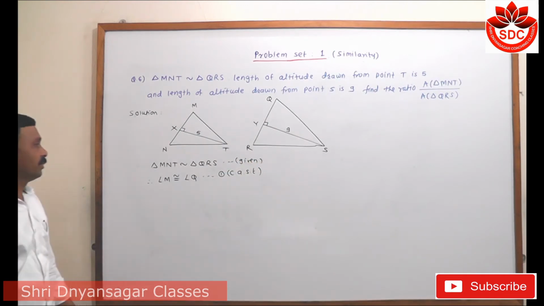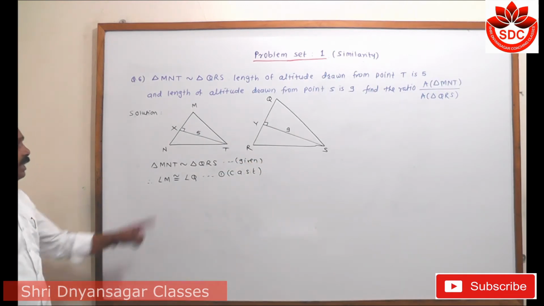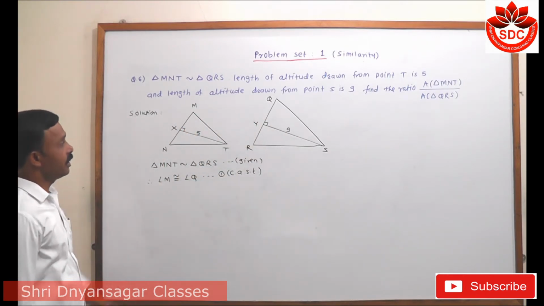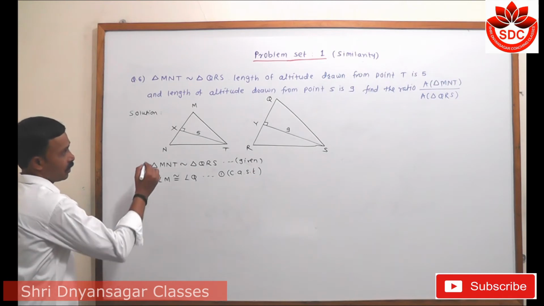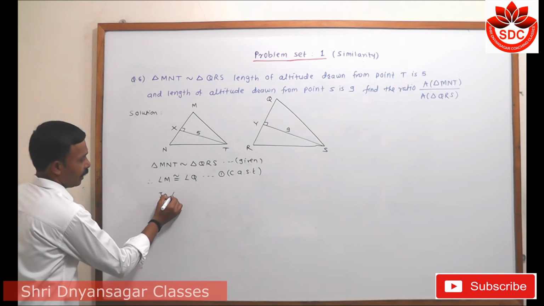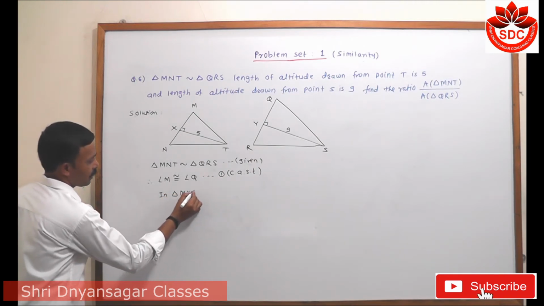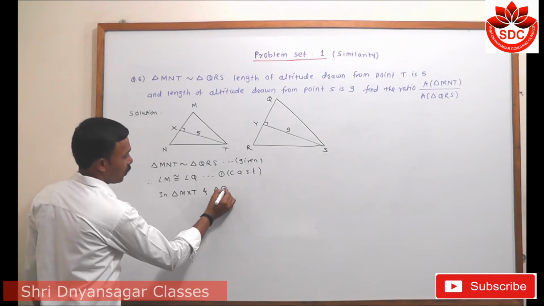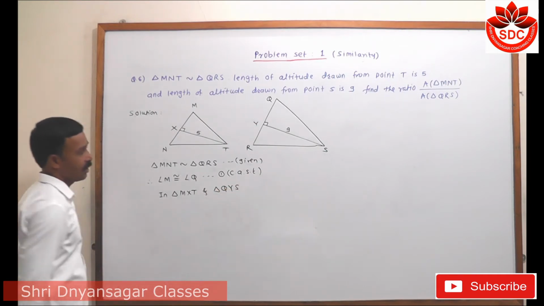Then we take these two triangles, and we show that these two triangles are also similar. How to show? Look carefully. Take triangle MXT and another triangle, triangle QYS.